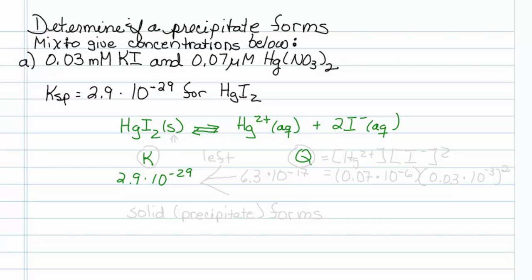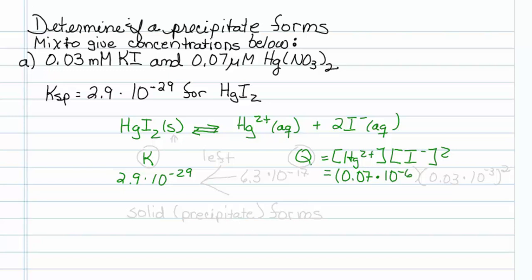Q is going to be equal to our mercury concentration times our iodide concentration squared. So our mercury is 0.07 micromolar. So that is going to be 0.07, and then a micromolar is 10 to the minus 6th molar.